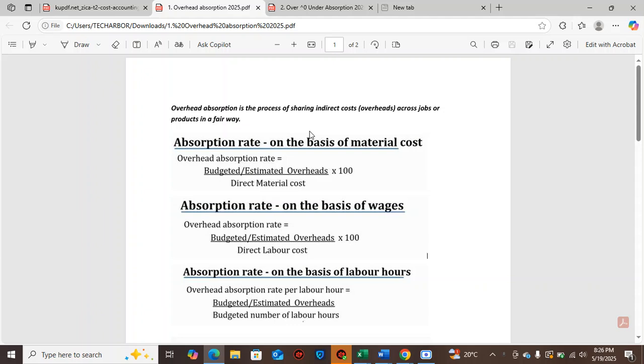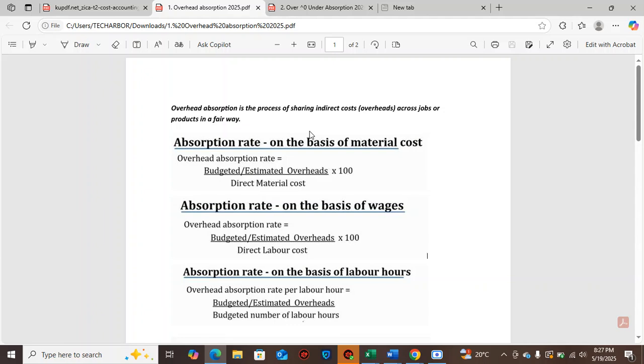We're basically just including the overhead costs to account for them when you are tabulating the cost of the units that you're producing. Overhead absorption is just about including the overheads in the cost per unit for whatever you are producing.